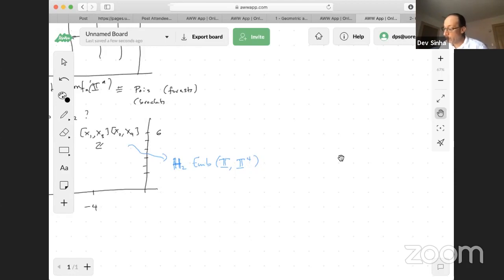What I'm going to do is I'm going to take my knot in R4, which again, I'll just sort of draw in R3 or something like that, but this is really I4. What I'm going to do is I'm going to first look at a singular knot. So it's not in the space of embeddings.